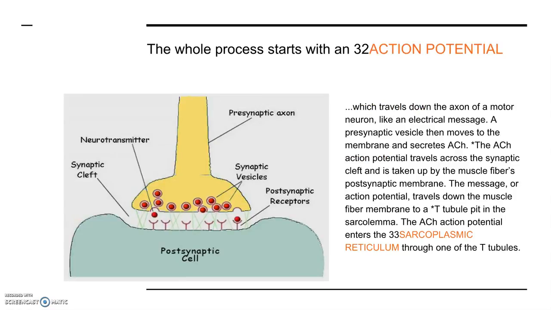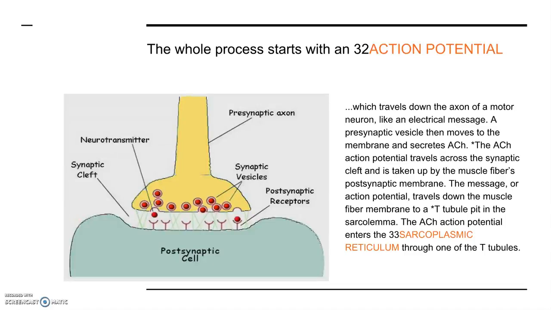The whole process starts with an action potential, which travels down the axon of a motor neuron like an electrical message. A presynaptic vesicle then moves to the membrane and secretes ACH.